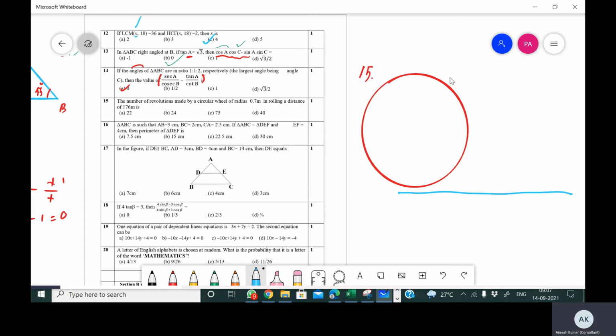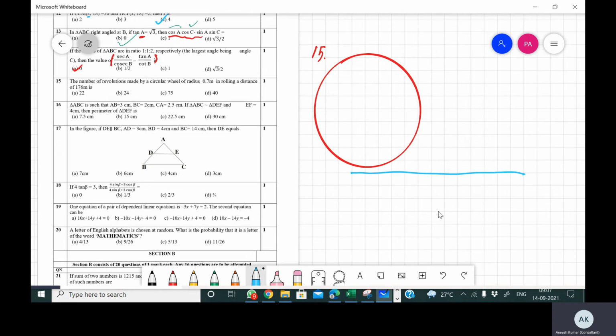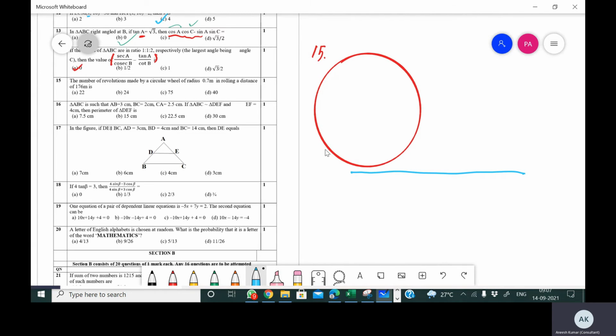So what is the distance this wheel has covered in one revolution? The distance covered in one rolling is equal to the circumference. Here it is given the radius of the circle is 0.7 meter.